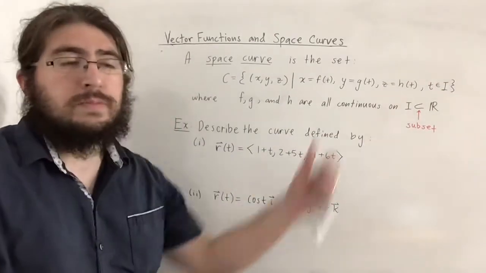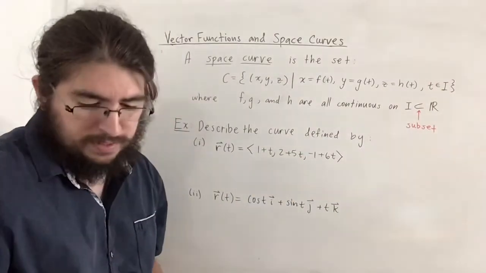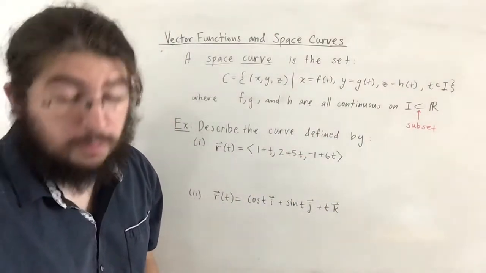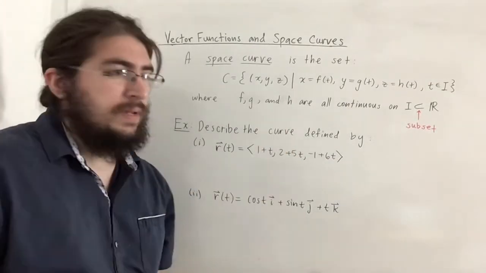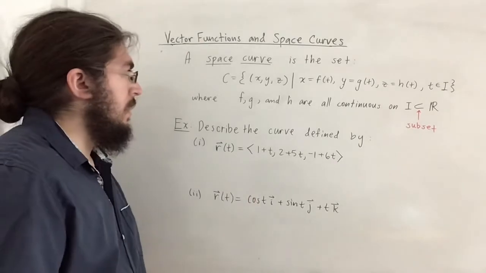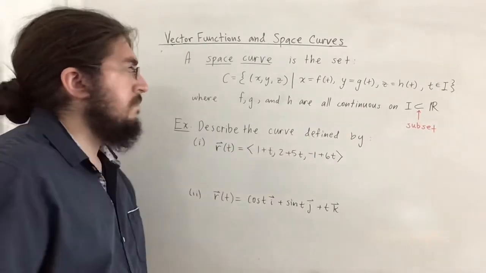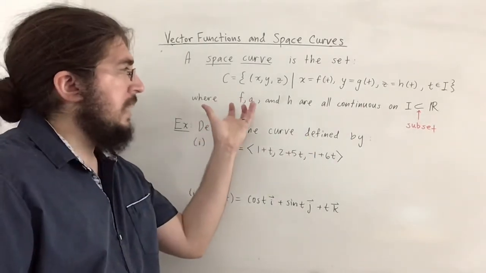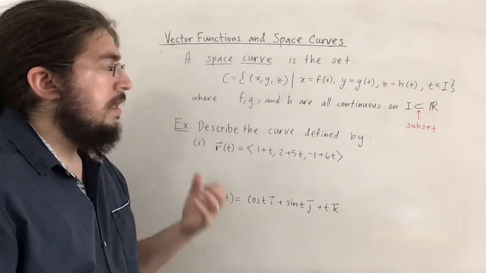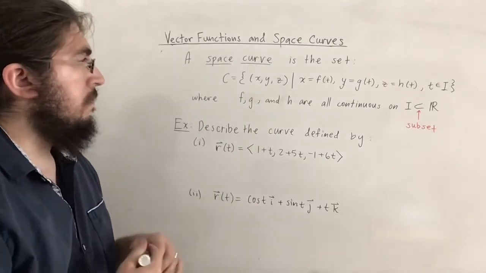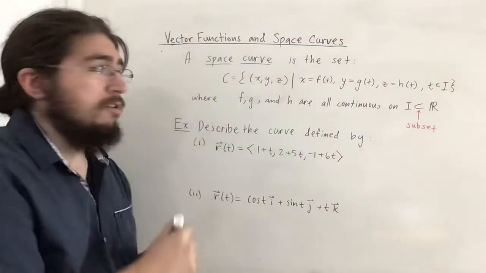That R, of course, means the set of all real numbers. For example, it could be the open interval 0 to 1. It could be the closed interval 3 to infinity or something like that. But it's some interval in R. Namely, we want f, g, and h to be all continuous on that interval. Right, so we want no breaks in our curve, basically.